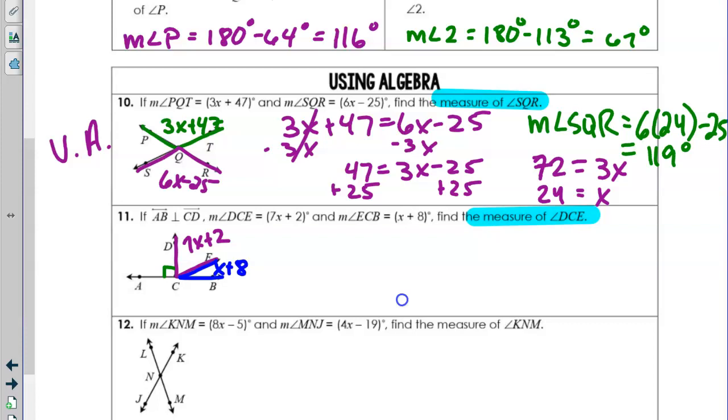So what would my equation look like now? 7x plus 2 plus x plus 8 equals 90. Very good. So you have the part plus part equals the whole. So it is the angle addition, we're just using our vocab to get it set up.